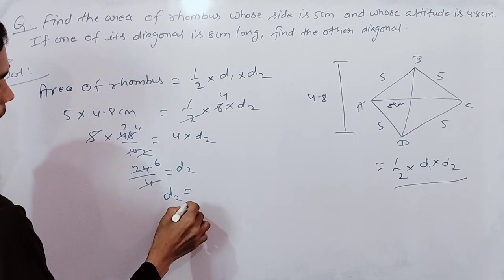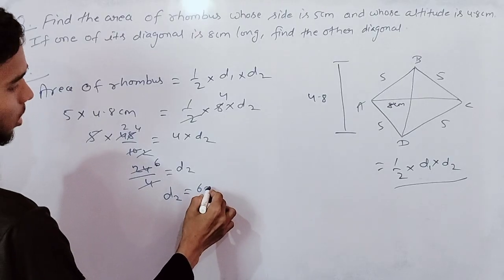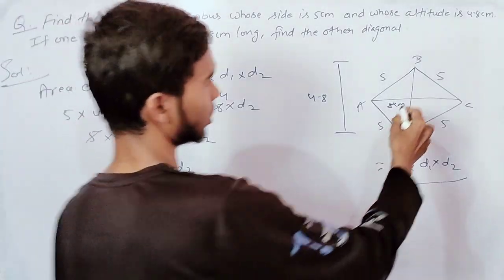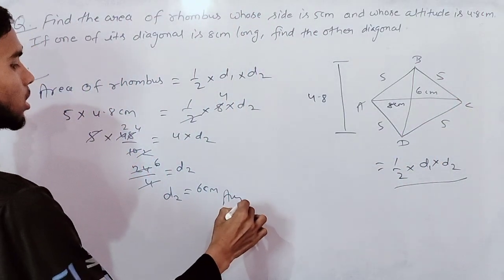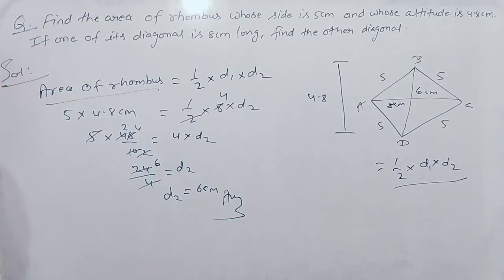So the measure of the second diagonal is 6 centimeter. Clear? Here we found the area of a rhombus, whose altitude is 4.8. So the answer is correct.